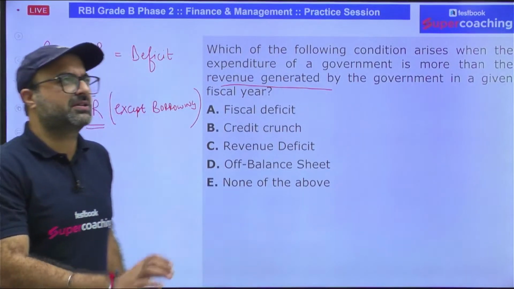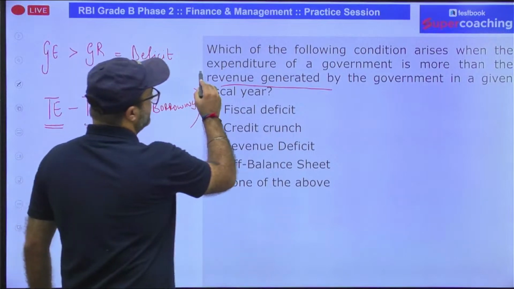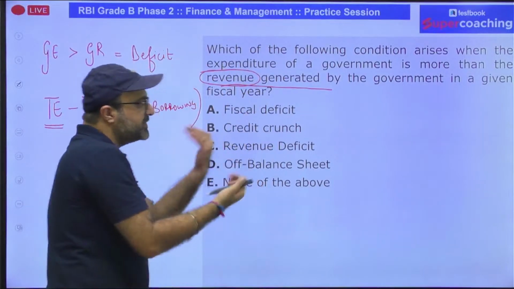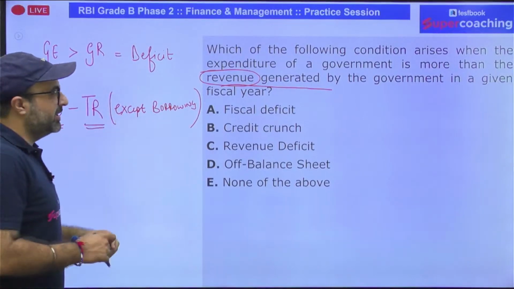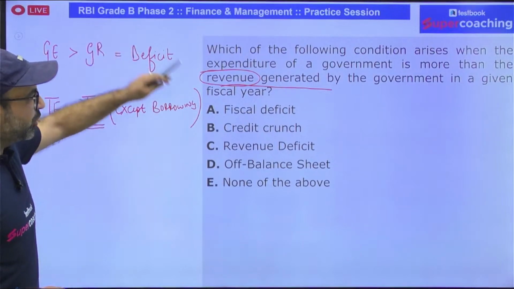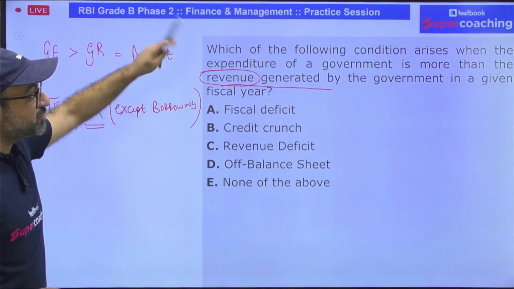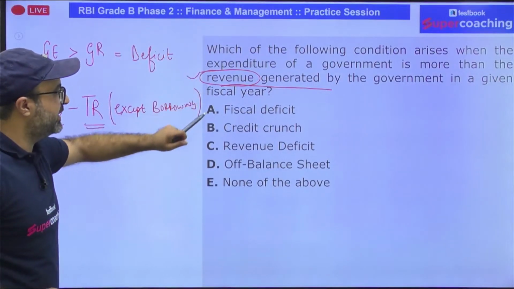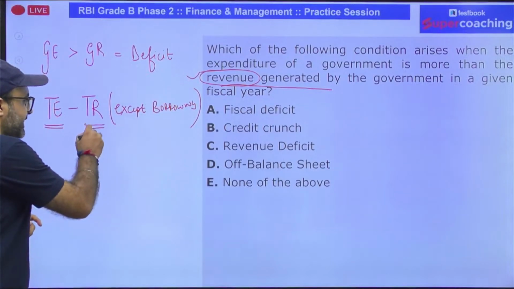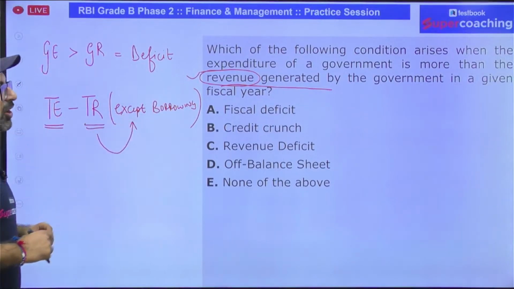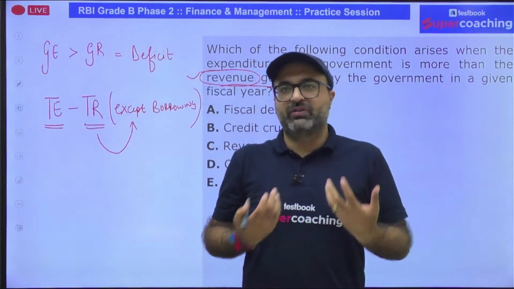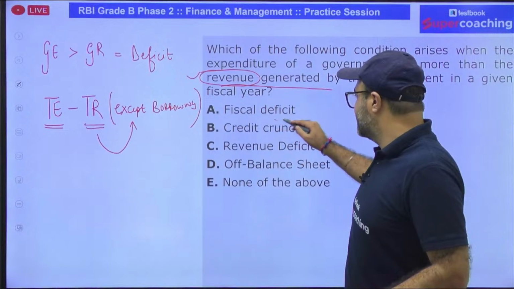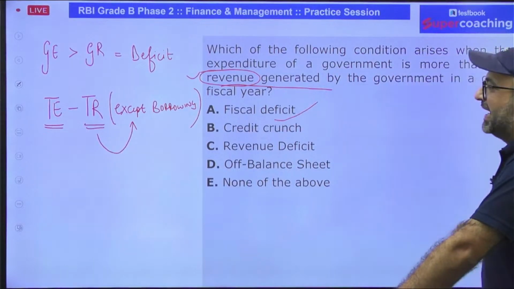The word revenue over here refers to the funds raised by the government. They are not specifically talking about revenue expenditure and revenue receipts. What they are saying is, total expenditure done by the government is more than the revenue generated. Revenue generated means in the receipts we are excluding the borrowings and talking only about the actual revenue generated, and that is known as fiscal deficit.